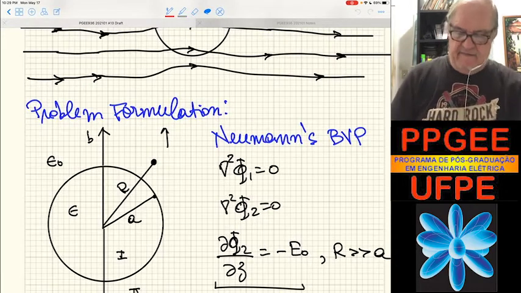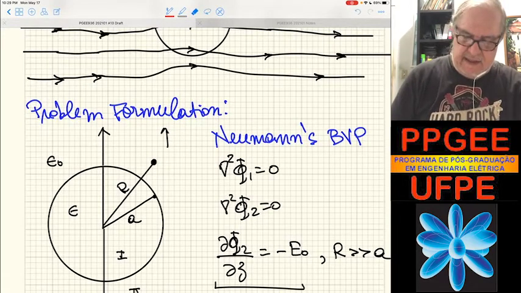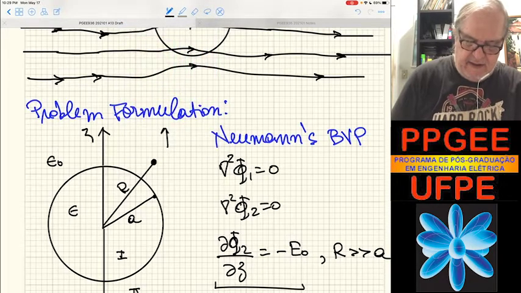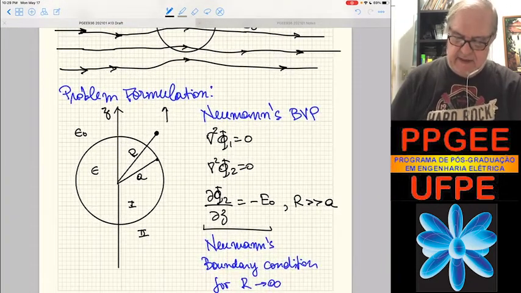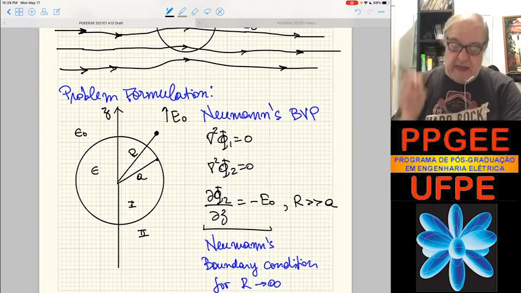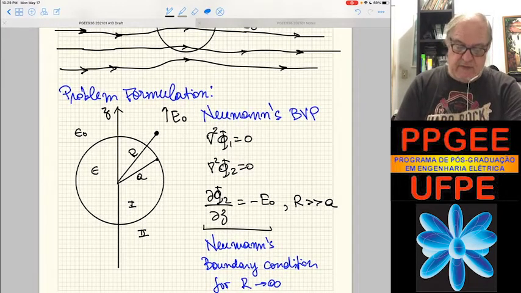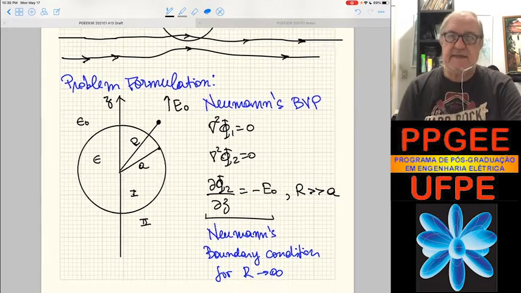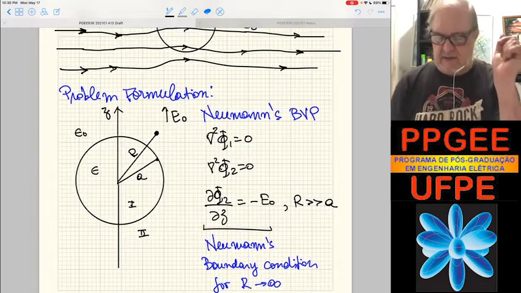This is supposed to be the Z-axis, not B. Sorry about that. And we have a constant field along the Z direction. So we're going to break this into two problems, region 1 and region 2. In both regions, you have a potential that satisfies Laplace's equation.